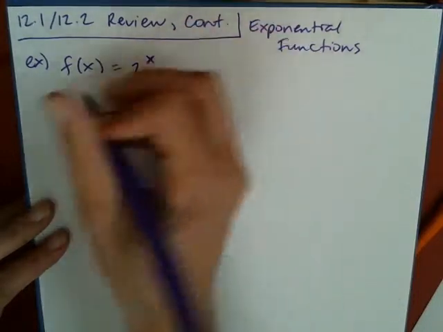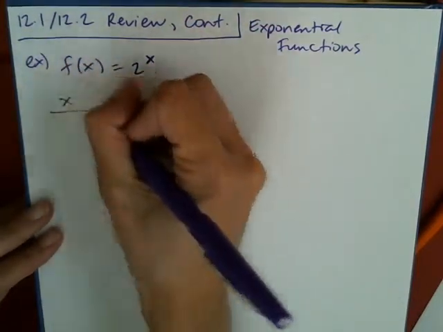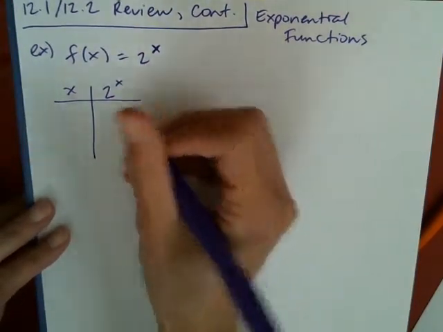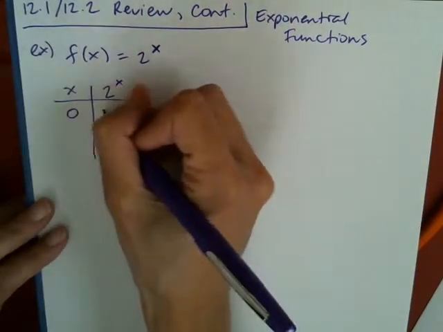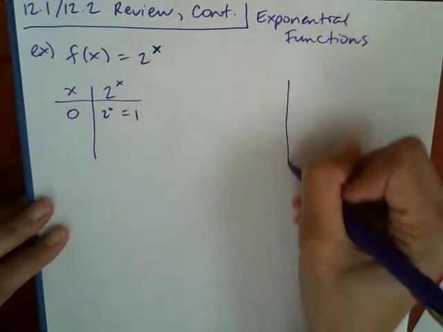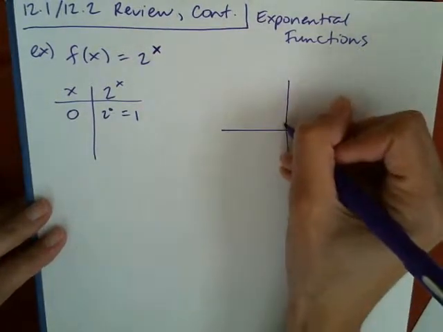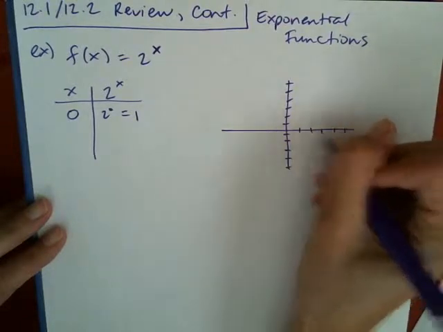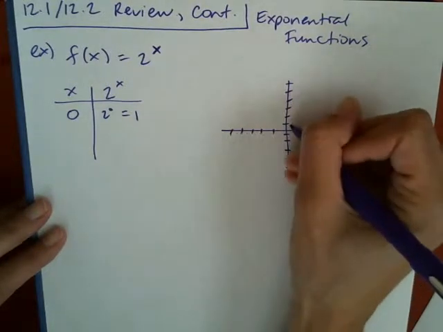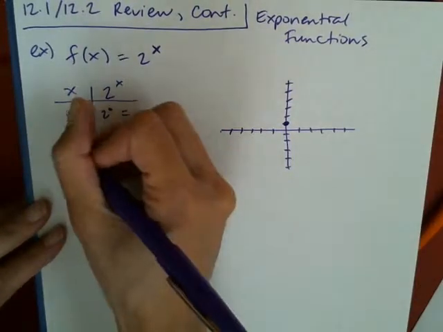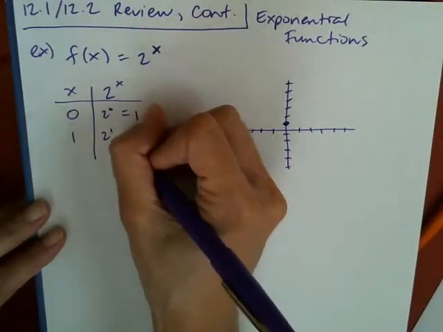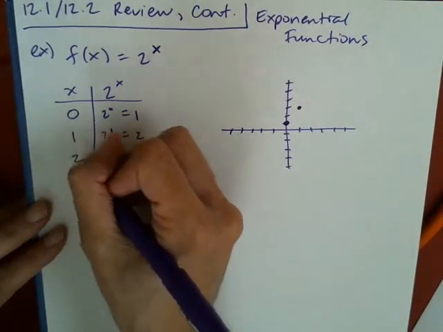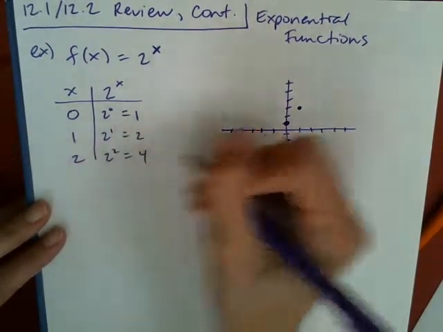To get a feel for this, I can just do a nice little t-table here of x's and 2 to the x's. So if I had an input of, say, 0, 2 to the 0 would be 1. And as I'm graphing this, things get really big in a hurry with exponential functions, so I'm not going to get much up here. If I put 1 in, 2 to the first is 2, it's getting higher quickly. 2 squared is 4.